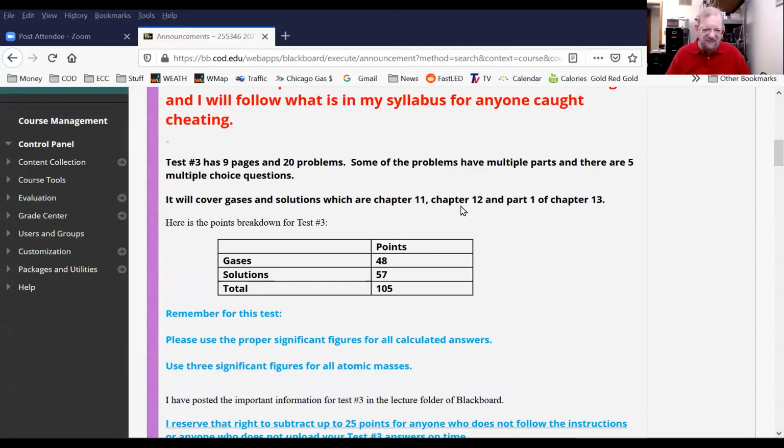Go look at the title. You'll see I'm not lying. And the point breakdown is there'll be 48 points on gases, 57 on solutions. There's just more I can ask. And it adds up to 105.